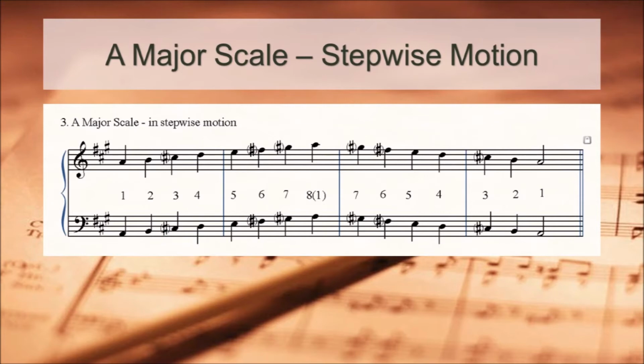Well, I want you to pay particular attention to the 6th degree and the 7th degree of the A major scale. The 6th degree is an F sharp, and the 7th degree is a G sharp. So you need to remember these, okay? Because we're going to borrow these notes from the A major scale, and you'll see what I mean in a moment.